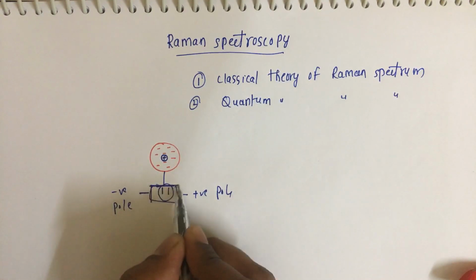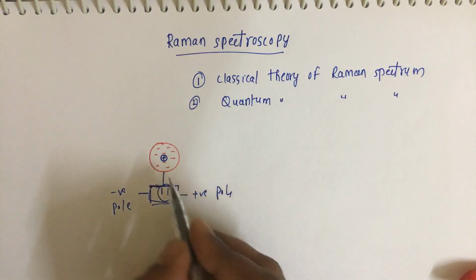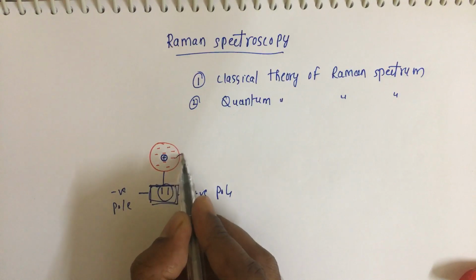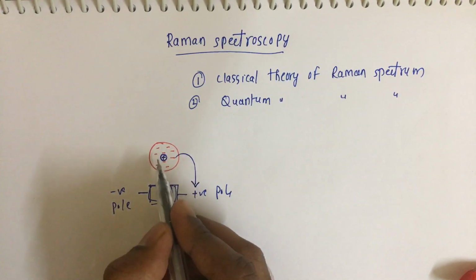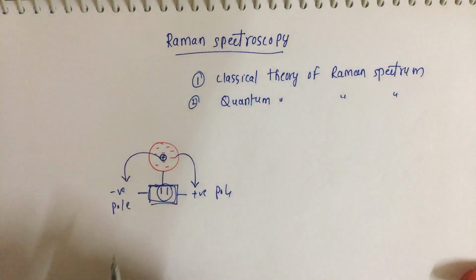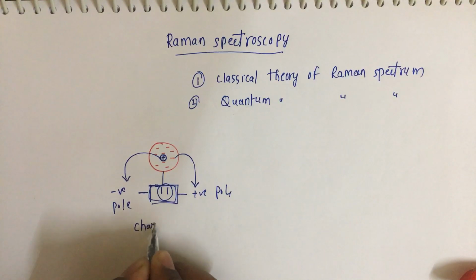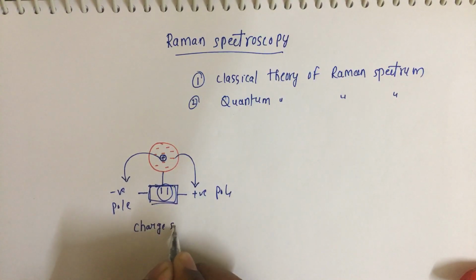So when we apply some static electric field, now these negative charges will move towards the positive pole, and this positive charge nuclei moves towards the negative pole. So during this step there will be a charge separation between both the charges.